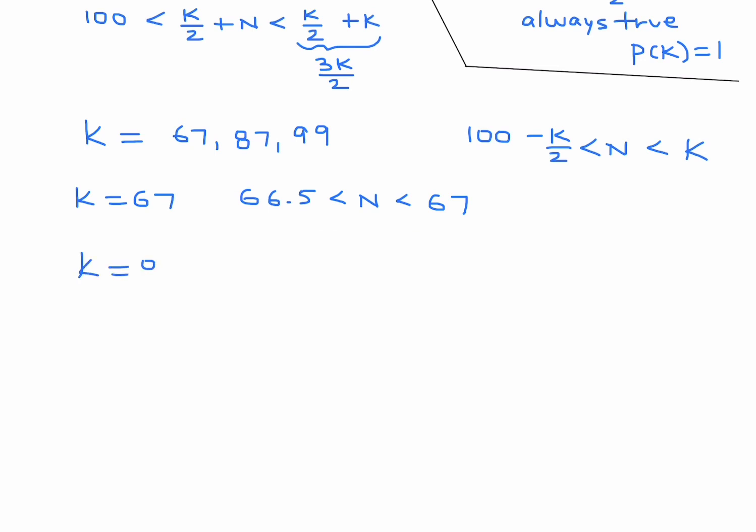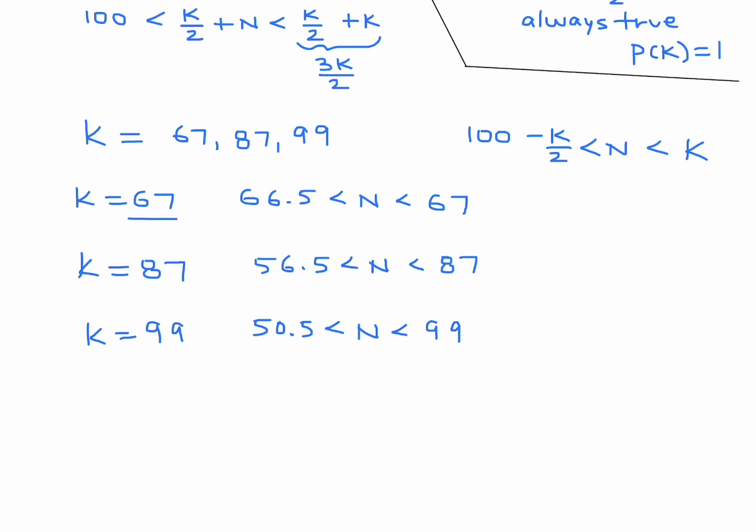When k is 87, we will have 56.5 is less than n is less than 87. And then when k is 99, we will have n is less than 99 and greater than 50.5. And as you can clearly see, the range for n is smallest when k is 67.